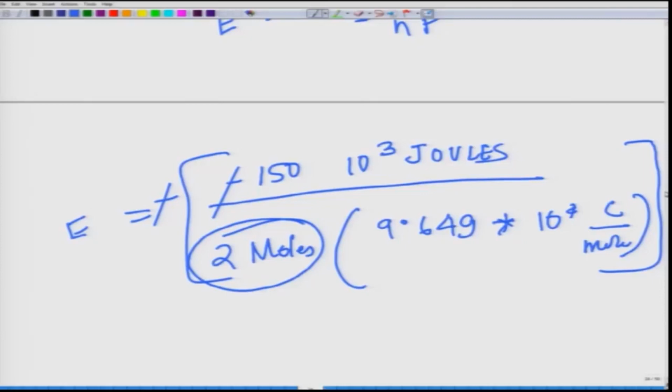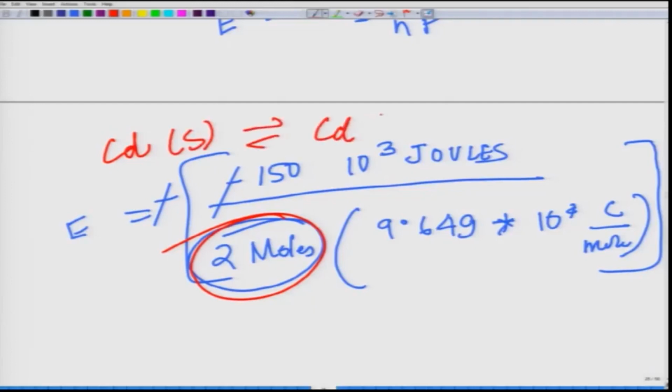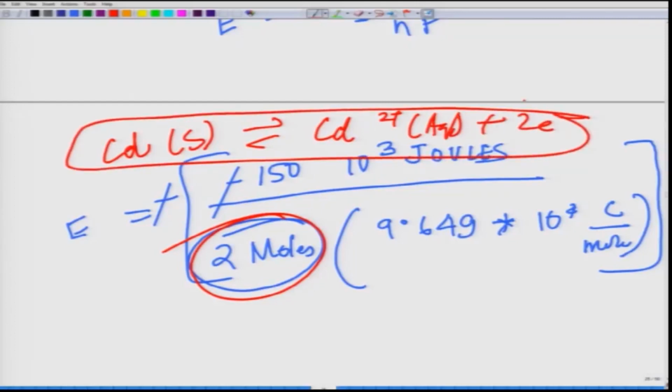Okay. So, the 2 moles you see should not confuse you, it is because of that reaction. You should always remember the first reaction you saw: Cd solid becoming Cd 2 plus aqueous plus 2 electrons. This is the reaction which is governing this whole flow of electrons.